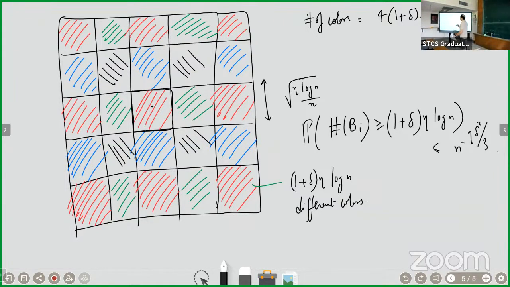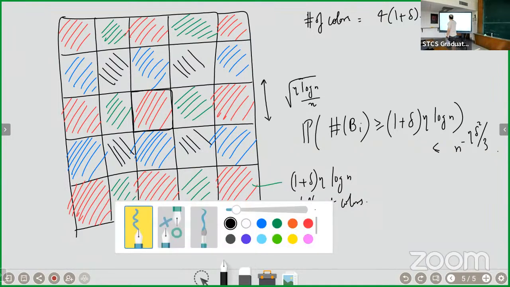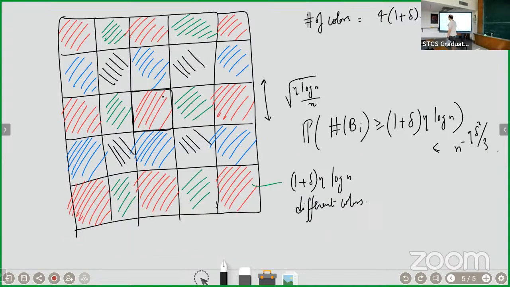So think about the node. Let's draw it intentionally off center. Let's say this node lies here. We'll draw another box, smaller in size.